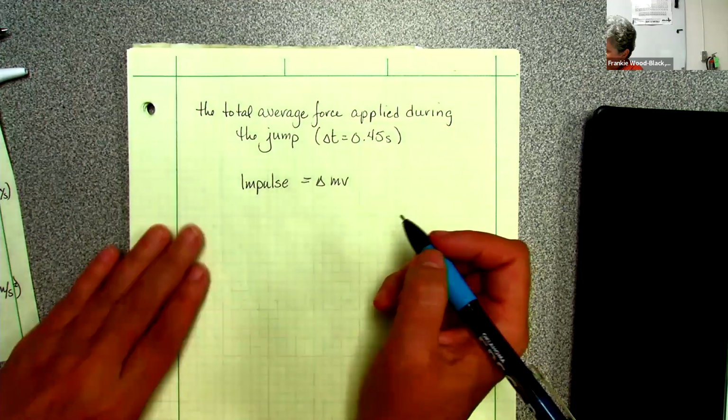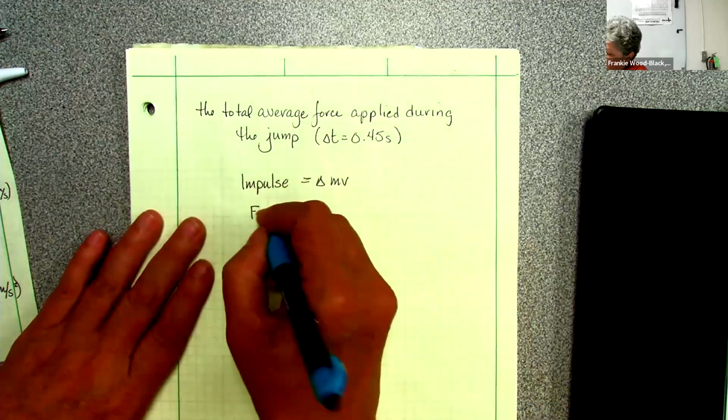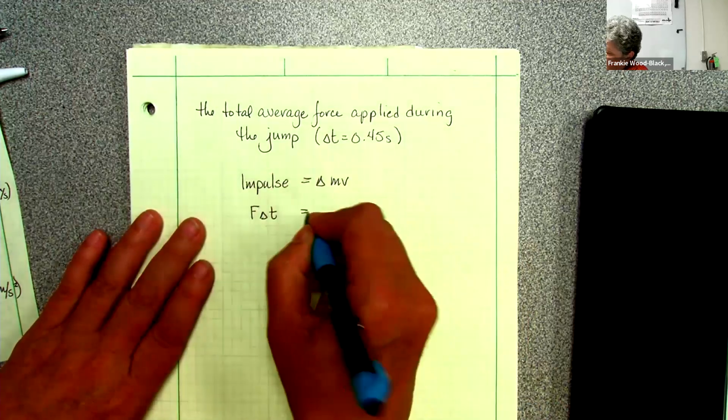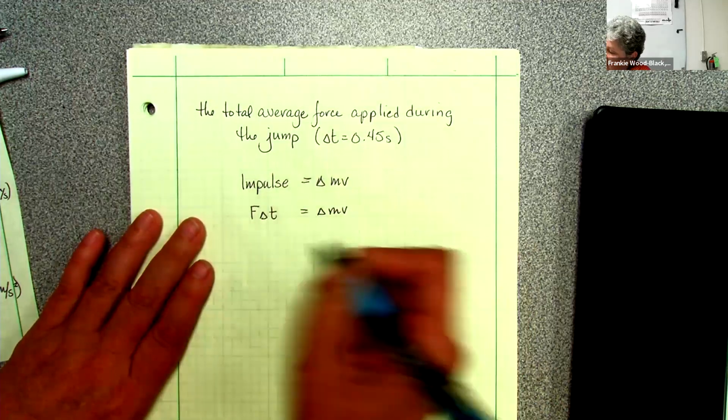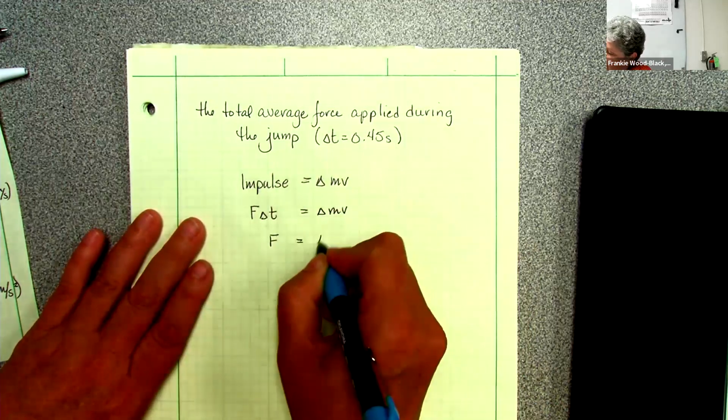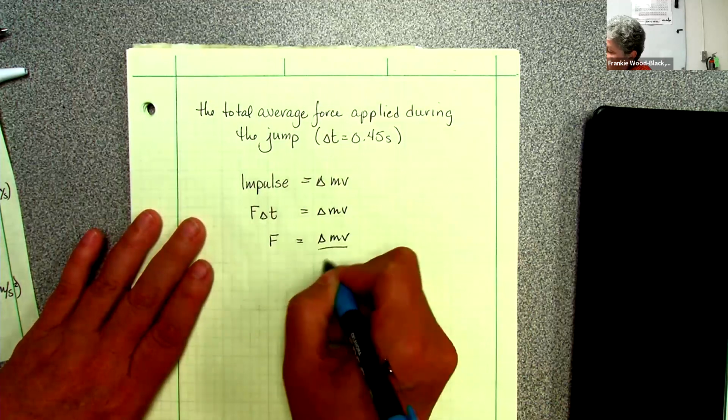And we can look at the impulse as the force times my change in time, which is equal to my change in momentum. So my force is just going to be my change in momentum divided by my change in time.